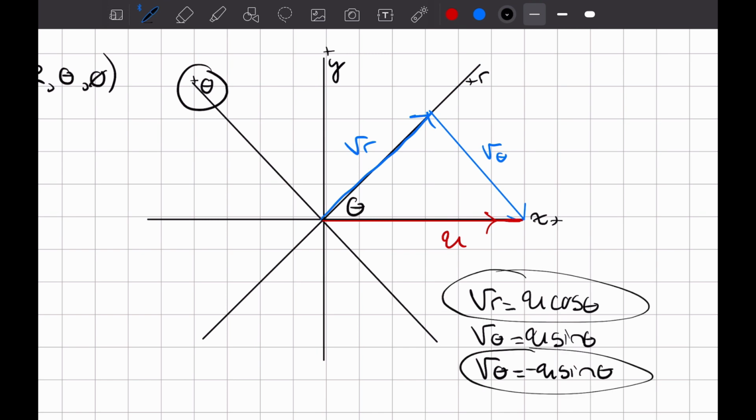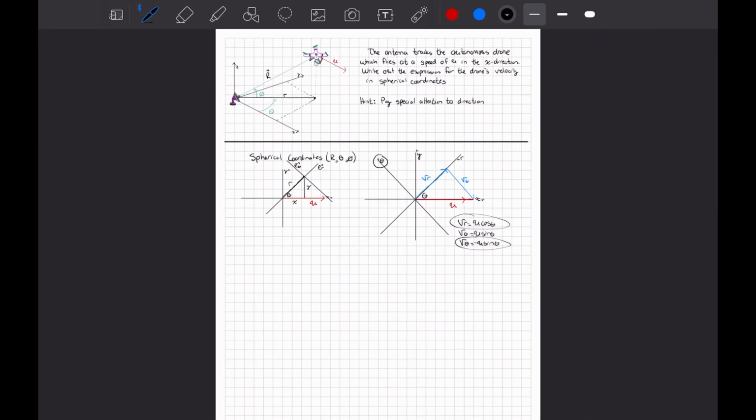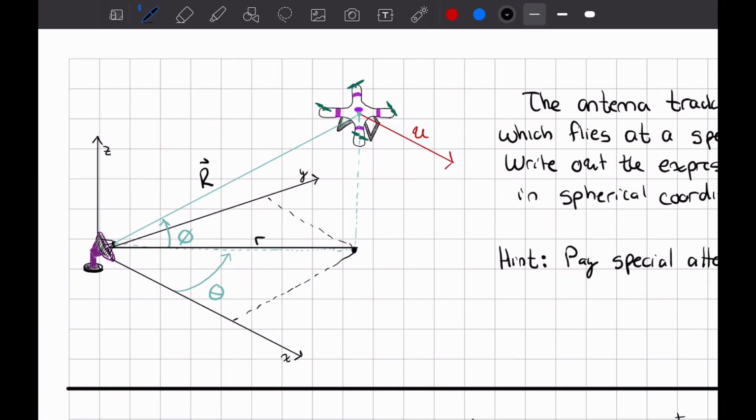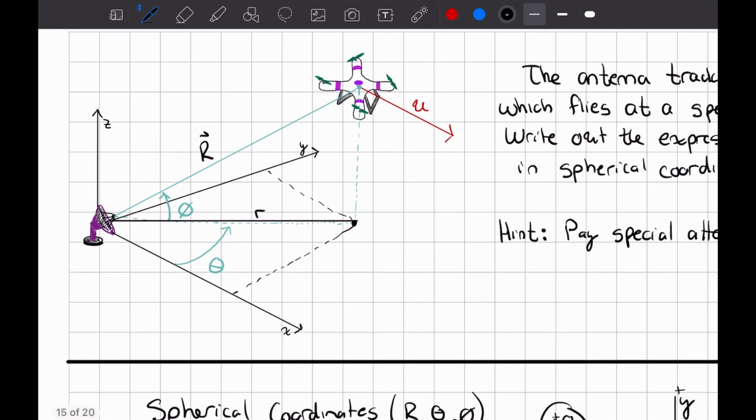Now I'll just circle these guys real quick just so we can get those values solidified. Now we're still not done. We have to decompose it into big R and big theta. So if we go back to our problem here, we have big R, or did I say big theta? I meant phi.